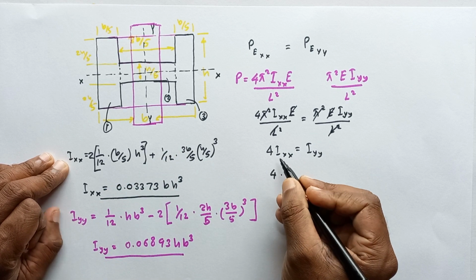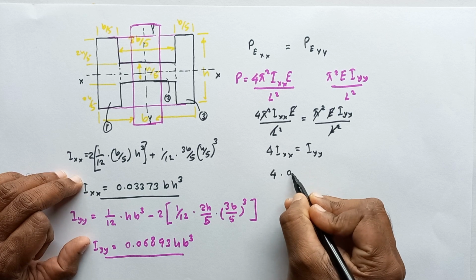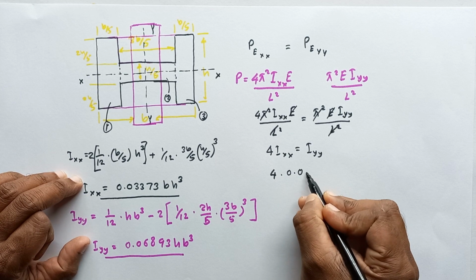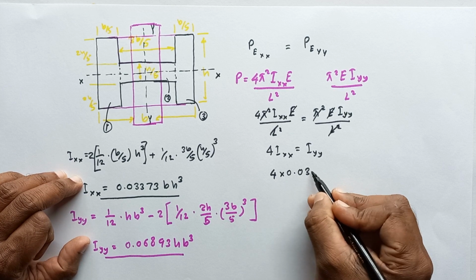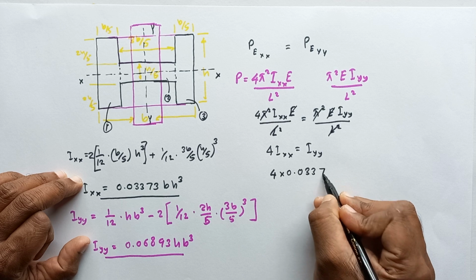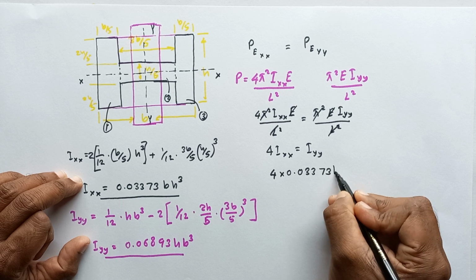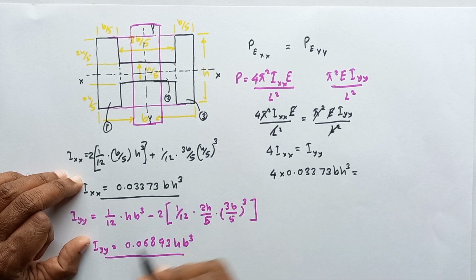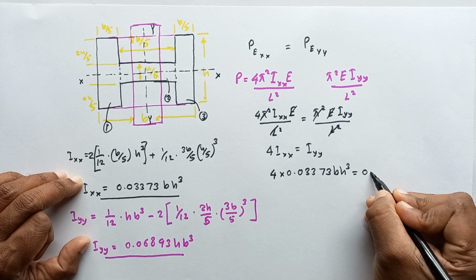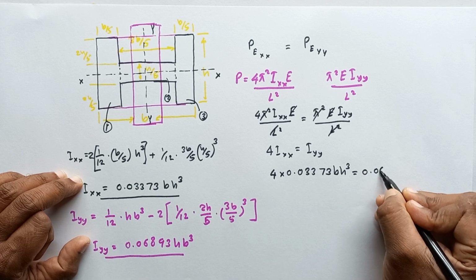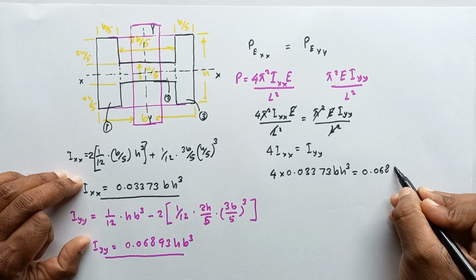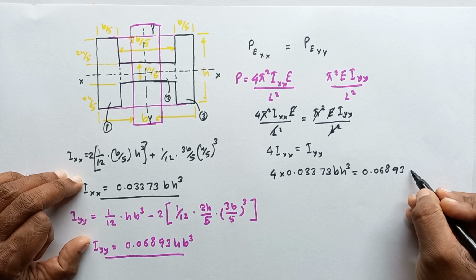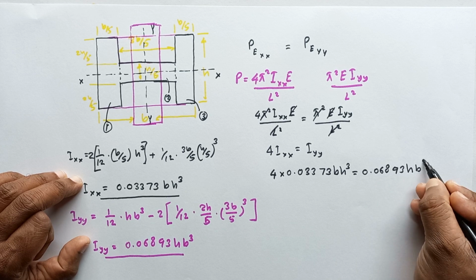4 times Ixx, 0.03373 B H cube, should be equal to 0.06893 H B cube.